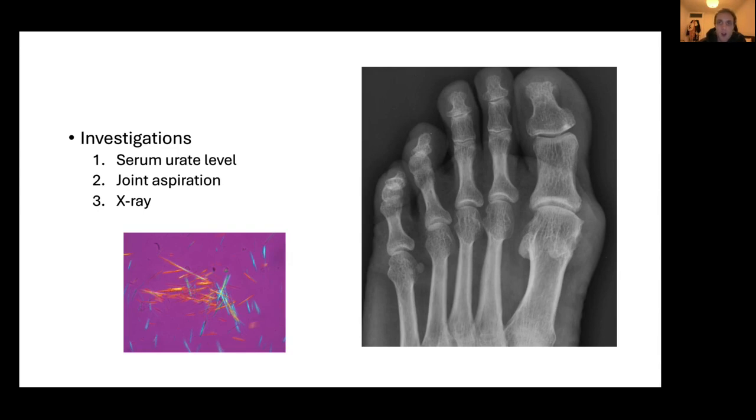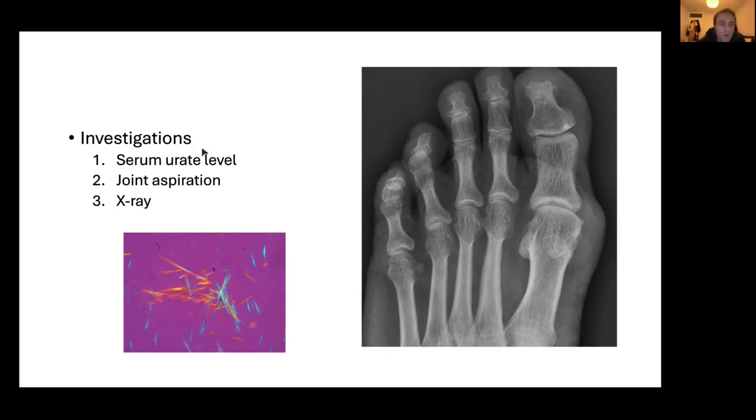So I don't know if anyone knows what we call these particular crystals or what their specific term is for that. And then here we have a classical gout X-ray in which you can see that first MTP. There's some erosive change around the joint, and there's some additional deposition. You can see some thinning here of the bone.